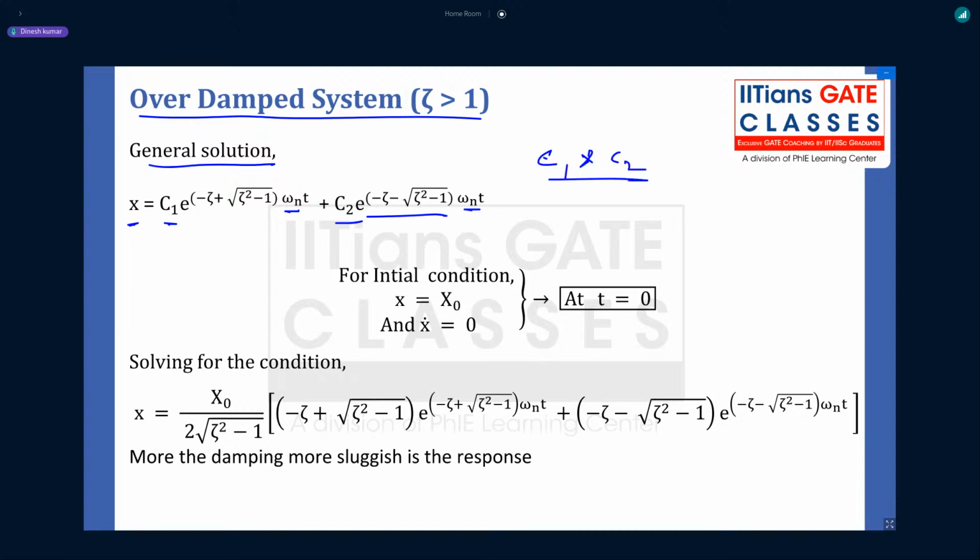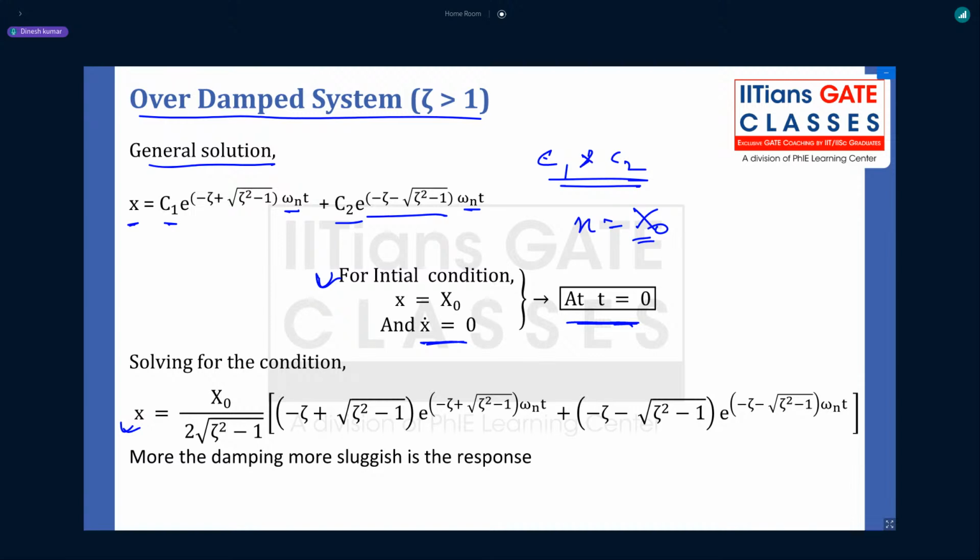C1 and C2 are again constants and can be found from initial condition. For an initial condition where x equals capital X, the initial displacement x naught, and your initial velocity is 0, for that initial condition, your response is given by this equation.